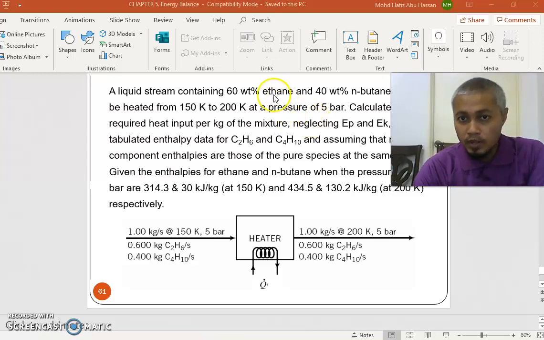Here we have two components, ethane and n-butane. That's why we have the mass fraction here, to let us know the composition of each component in the system.